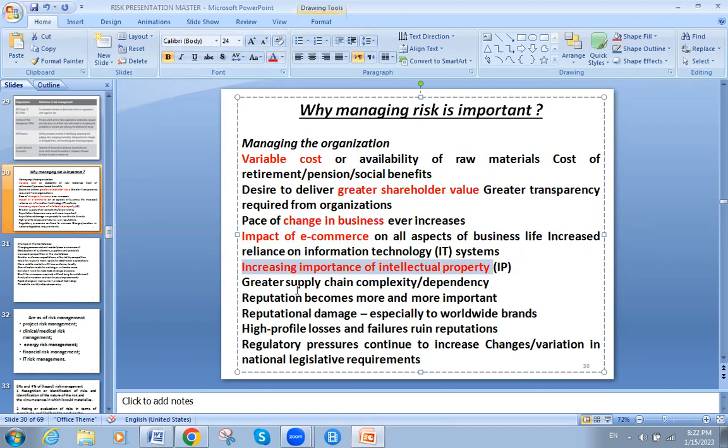Supply chain complexity is another reason why managing risk is important. Also, reputation becomes more and more important. You care about your reputation, your shop, your goodwill. Reputational damage, high profile losses and failure ruin reputation, meaning the name and goodwill you have.